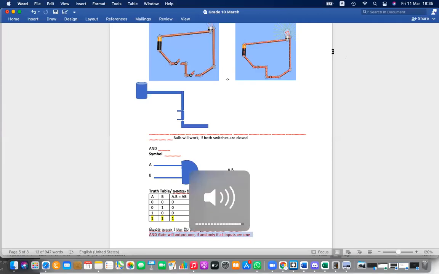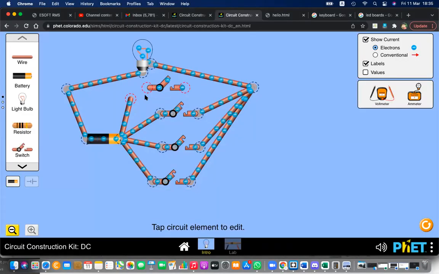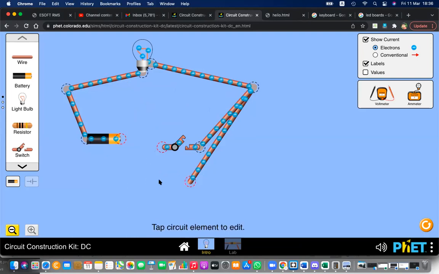Now again, similar example, similar circuit, but the connection is not parallel. Instead, the connection will become serial. Here the connection is serial, right? So that is the situation here.